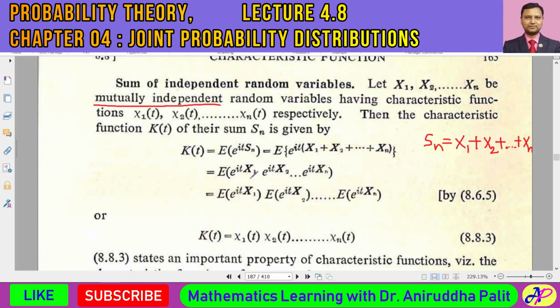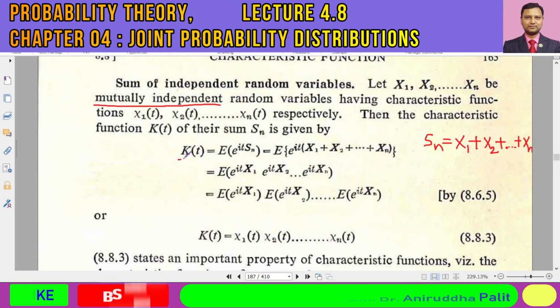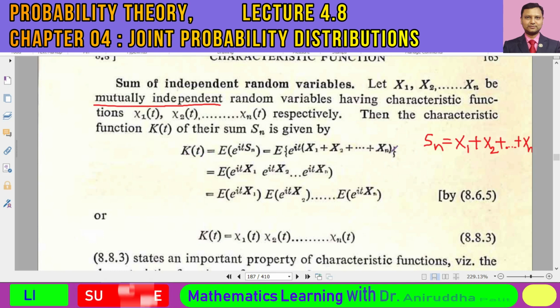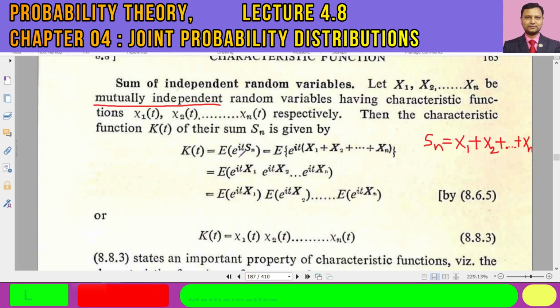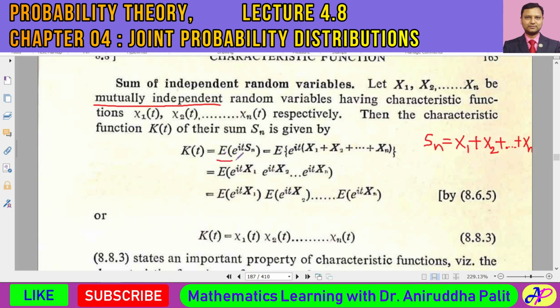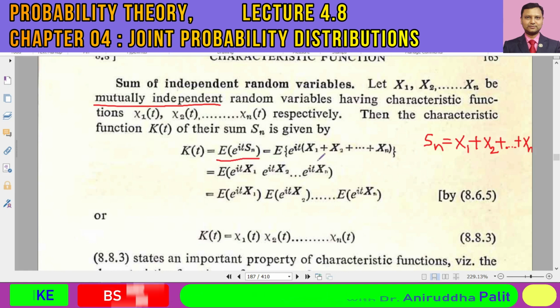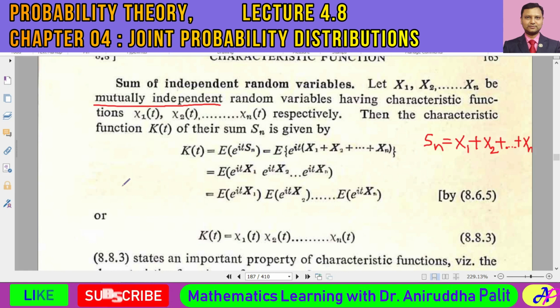As there is a single random variable, the characteristic function will have only a single real variable t. So the characteristic function of this summation Sn, by definition, is equal to the expectation of e to the power of it into Sn. You can recall the definition of the characteristic function for a single random variable.